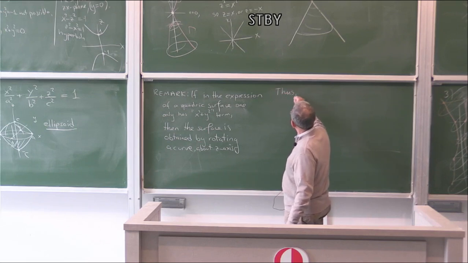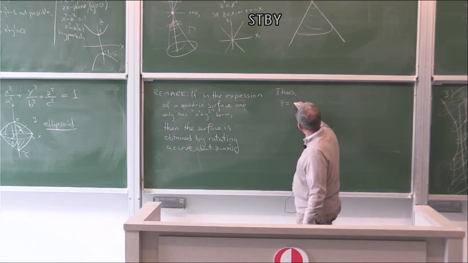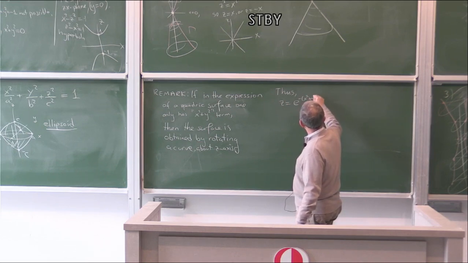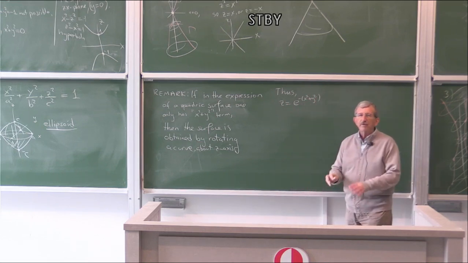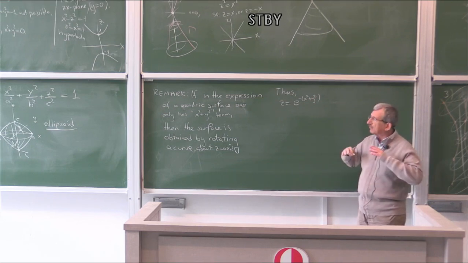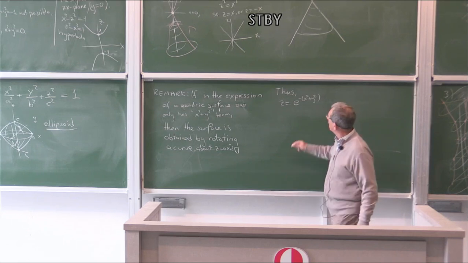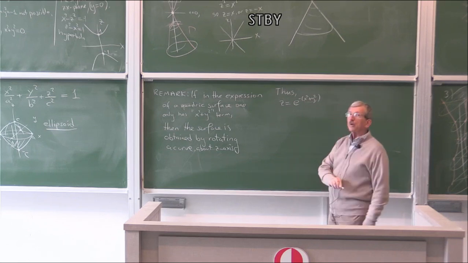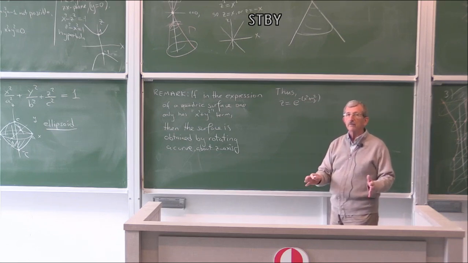Thus, for example, suppose we have e to the minus x squared plus y squared. Now this is very difficult to sketch if you start from nothing. But it's a function of x squared plus y squared, so it's a rotated figure.